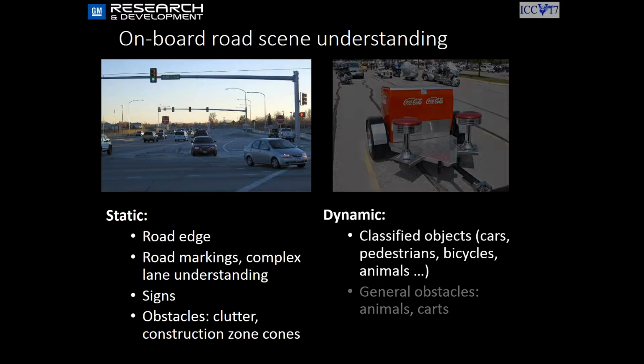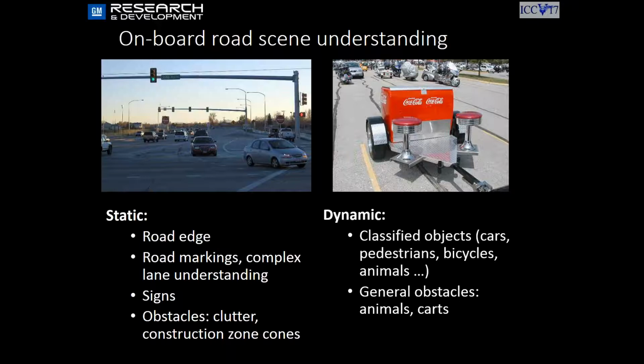But also we need to detect dynamic obstacles. This includes classified objects such as cars, pedestrians, bicycles, animals, and so on, but also general obstacles like the cart in the example here, which is very difficult to classify to a known class of objects on the road.